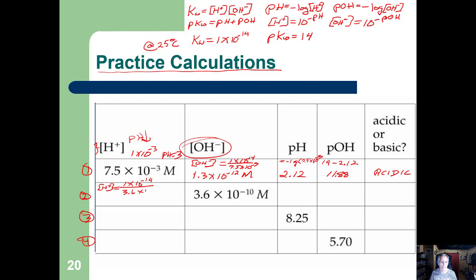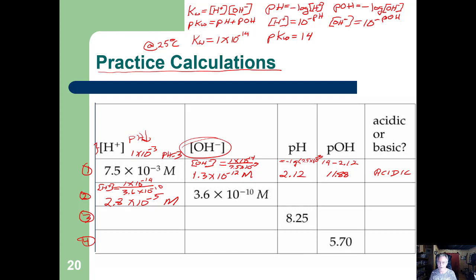We'll plug that in the calculator: 1E minus 14 divided by 3.6E minus 10. And that gives us 2.8 times 10 to the minus 5 molar hydrogen ion concentration.